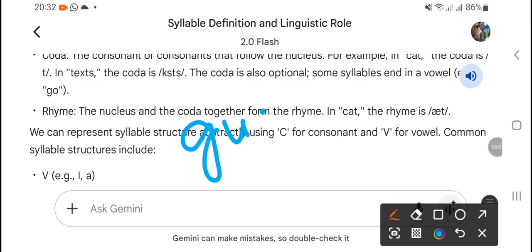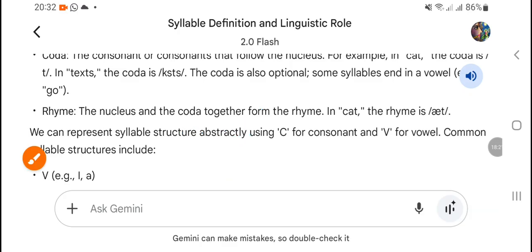So there is no coda there. So that's go, this way.